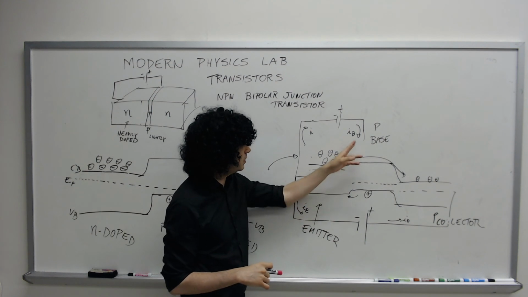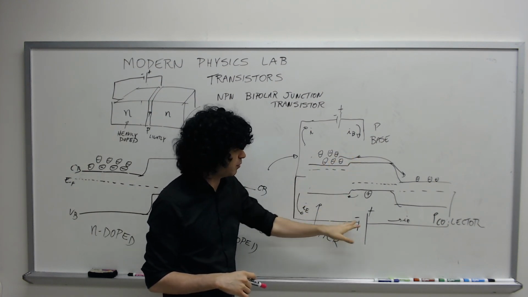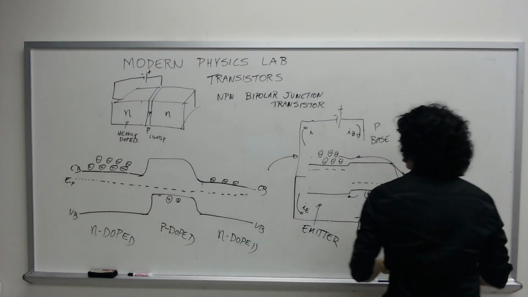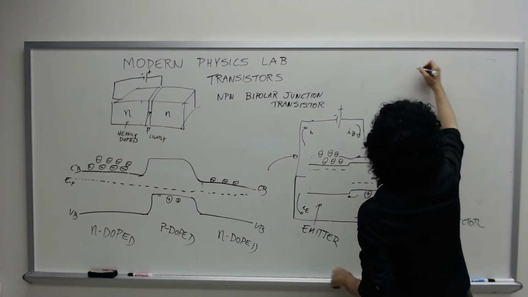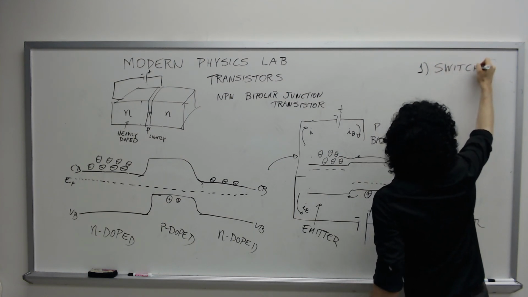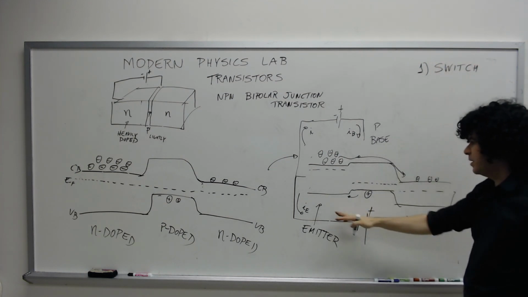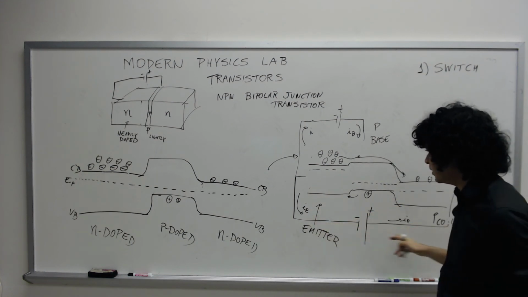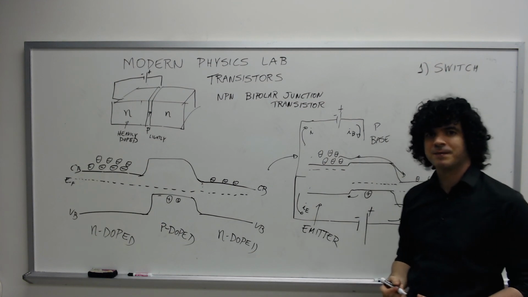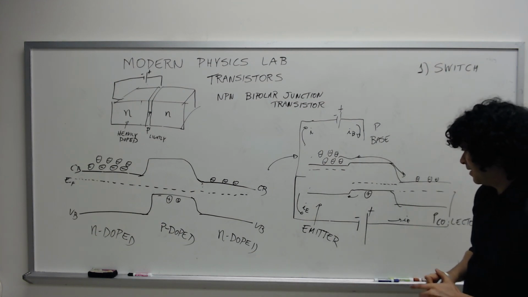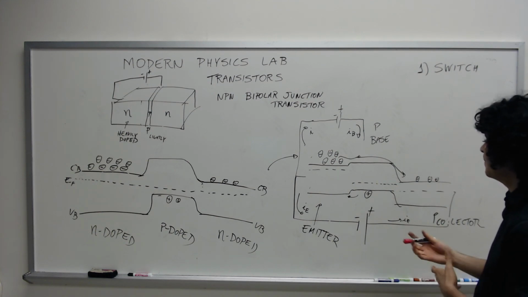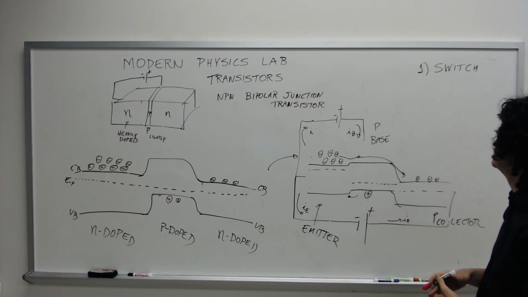If there is no current in the base, there is no current from the emitter to the collector. So this device acts as a switch. You can turn the current from the emitter to the collector on and off. This is how your computer works, turning on and off in the processing, in the CPU.